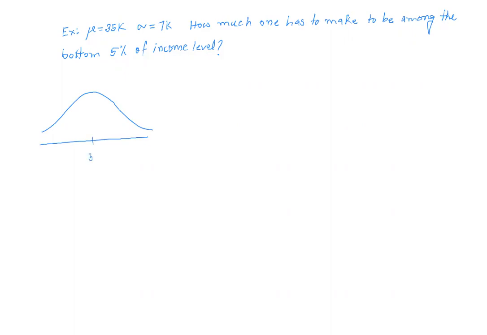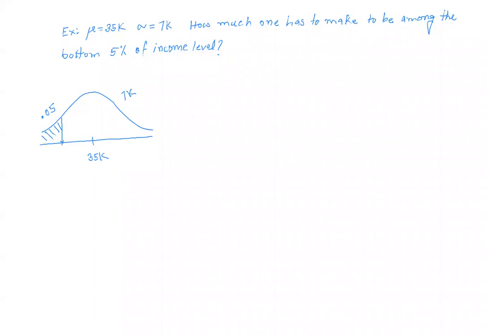So this is 35K and this is 7K standard deviation. So you want to be among the bottom 5%. So it's gonna be somewhere here. So there's 5%, that shaded region.